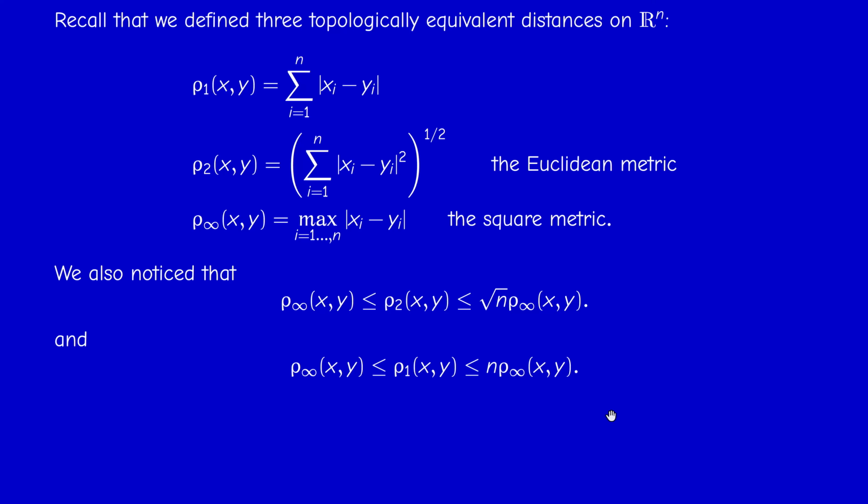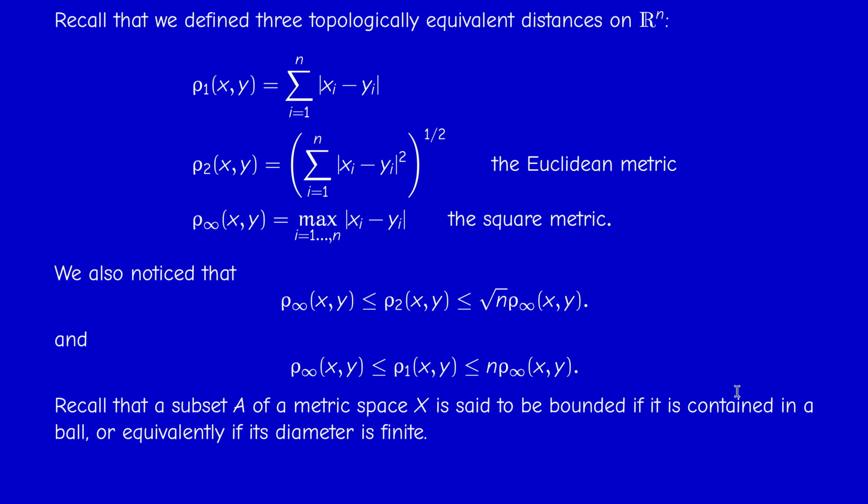So boundedness is also equivalent here in this case. So when I just say that a subset of Rn is bounded, it means that it's bounded with respect to any one of these distances. As you said, you have several characterizations of boundedness. Boundedness means that the diameter is finite or that it's contained in a ball. Same thing.